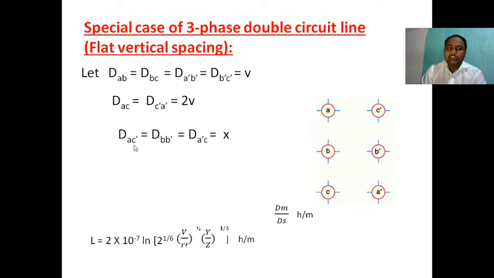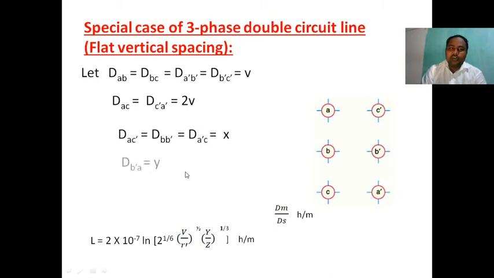Next, the distance between A and C dash. Conductor A to C dash, B to B dash, C to A dash having the distance X. Consider it.